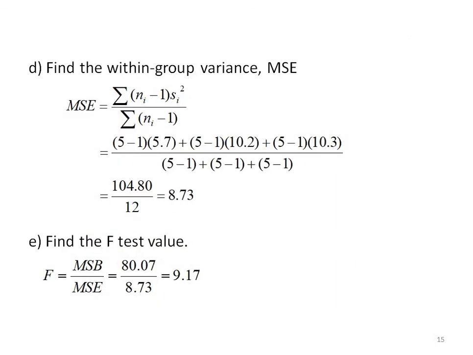Next, find the MSE. We apply the formula, then we can get 8.73. And last, find the F value. F can be computed by MSB divided by MSE. Then we get 9.17.